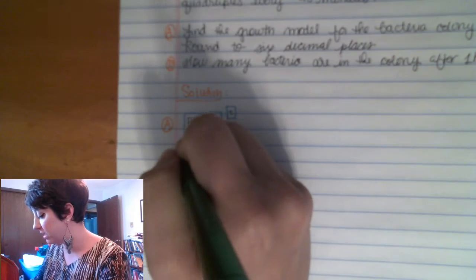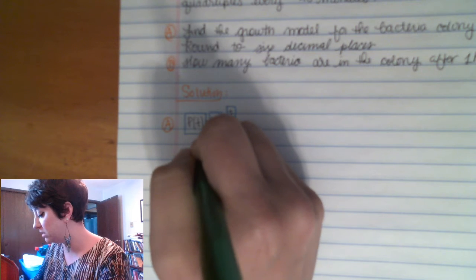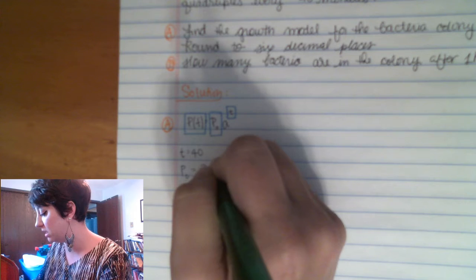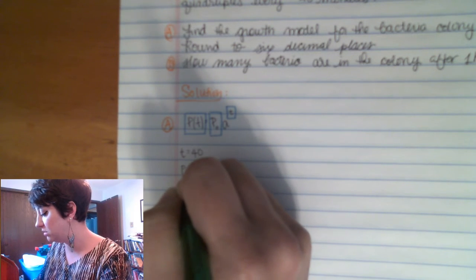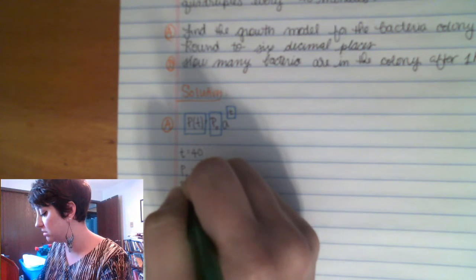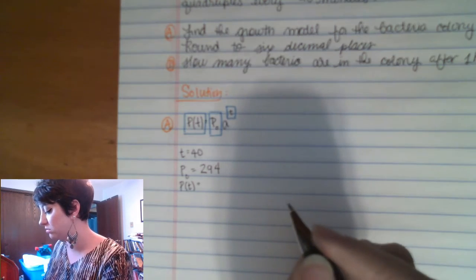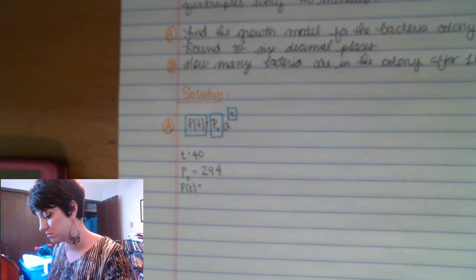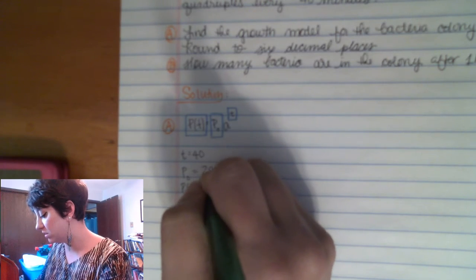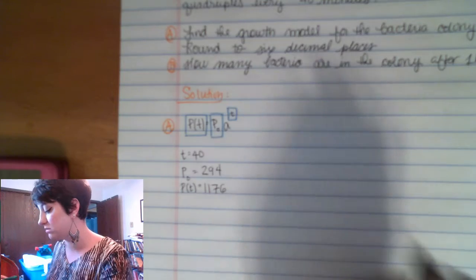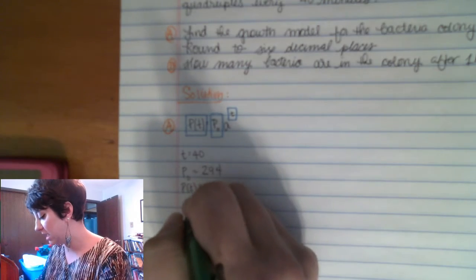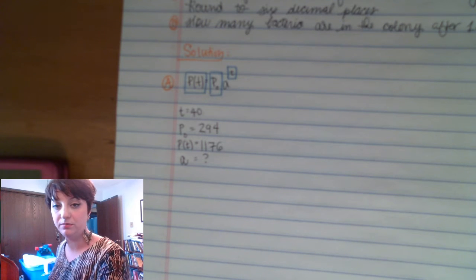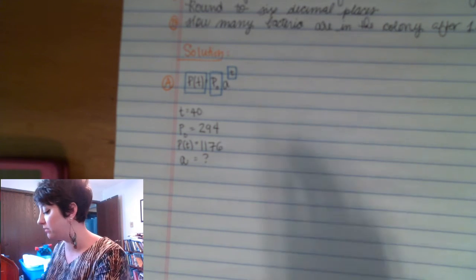I have that after 40 minutes, the initial of 294 has increased to whatever 294 times 4 is. 1,176. So that means A is my question mark, and I'm going to be able to solve for A. All right.